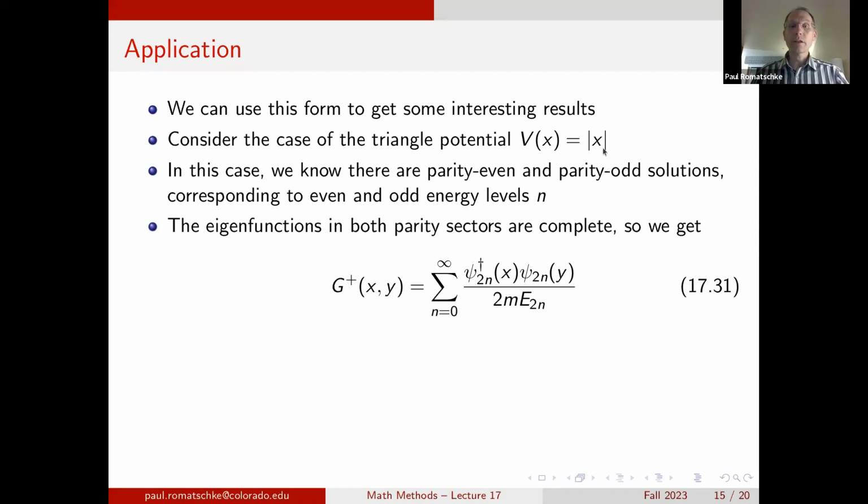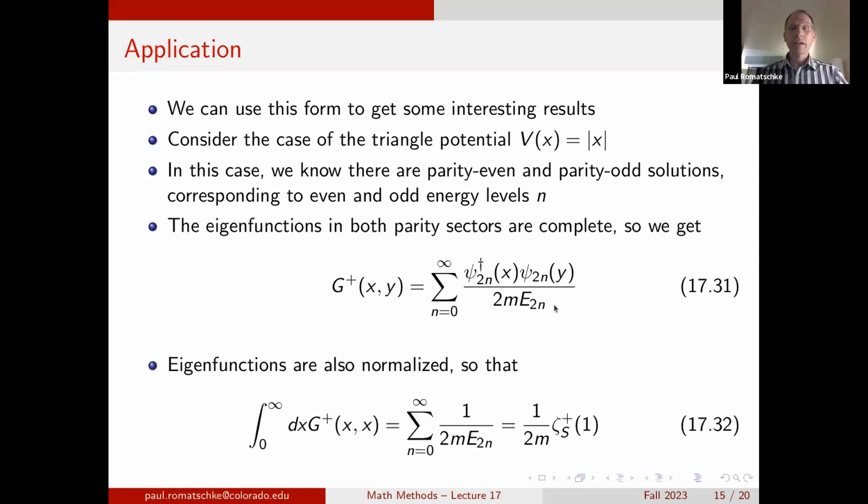It turns out that the eigenfunctions in both of these parity sectors are complete, so we can use this decomposition separately in the parity even sector, which I denote with a plus, and the parity odd sector, which I denote as a minus. For the parity even sector, we have the sum over all the even wave functions and the even eigenvalues. Because the wave functions are normalized, g plus of x, x involves psi n dagger of x, psi n of x.